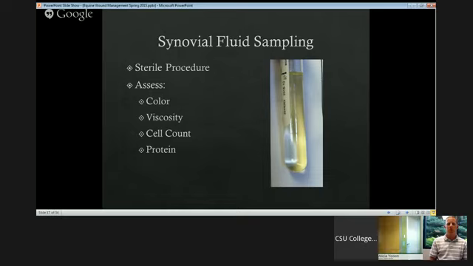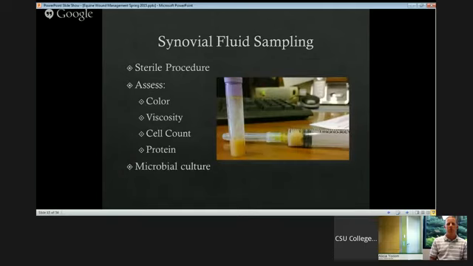And then also you can measure the cell numbers inside the fluid and protein. As the cell count increases or protein increases, that indicates to you that the horse has a compromise of the integrity of the synovial structure.